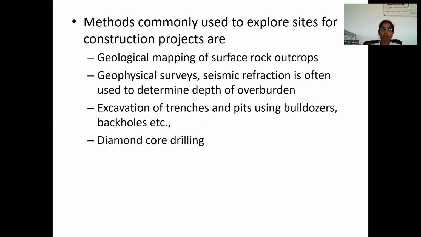In order to be able to answer the above questions, the dam site must be explored by an experienced engineering geologist.